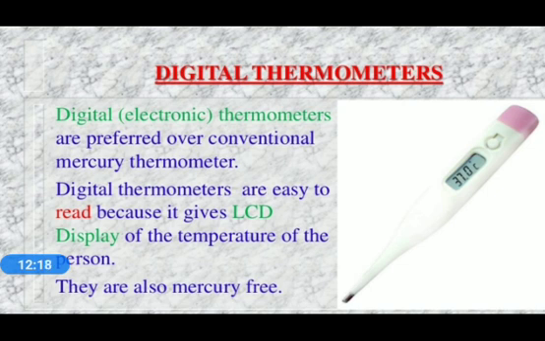Digital thermometers are preferred over the conventional mercury thermometer. They are easy to read because they give an LCD display of the temperature of the person, and they are also mercury free.